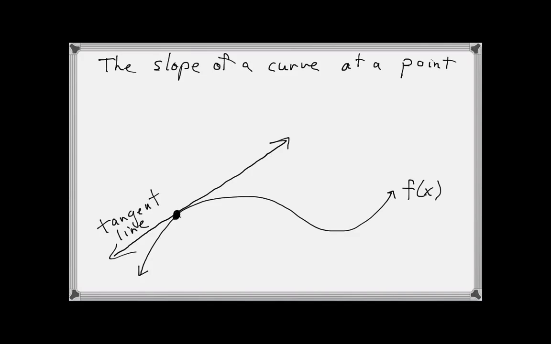Since this tangent line just touches the graph at 1 point, we can't use the slope formula. But the slope formula still helps us because we can estimate the slope of this tangent line by considering the slope of a secant line that's near this tangent line.